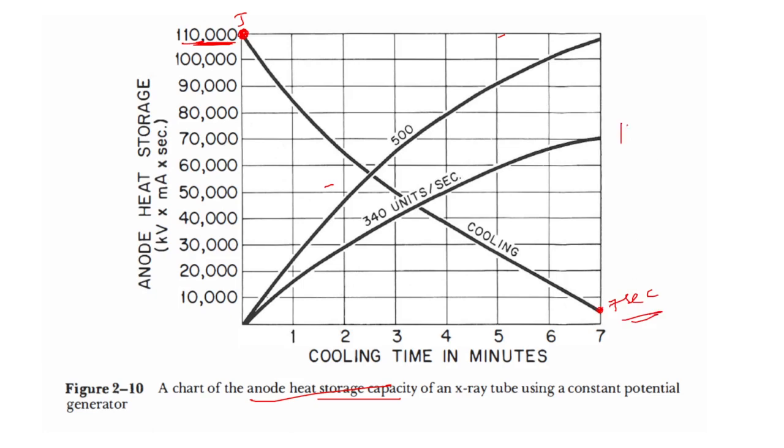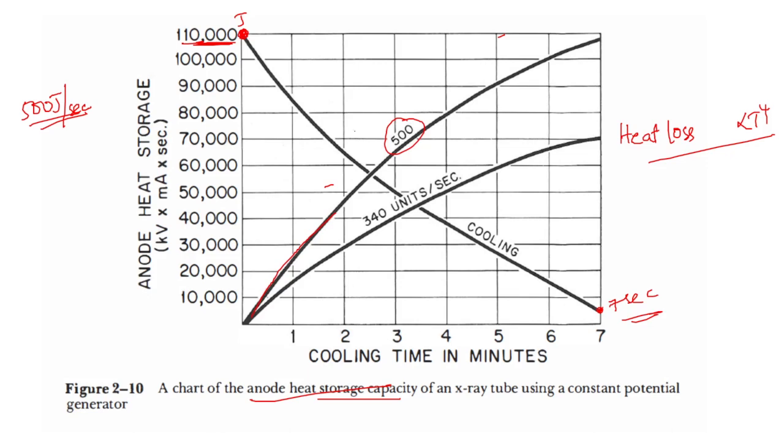Actually, heat loss by radiation is directly proportional to the fourth power of temperature. So if you give a 500 joules per second heat input continuously, according to this chart, it can reach a maximum of around 1,10,000.